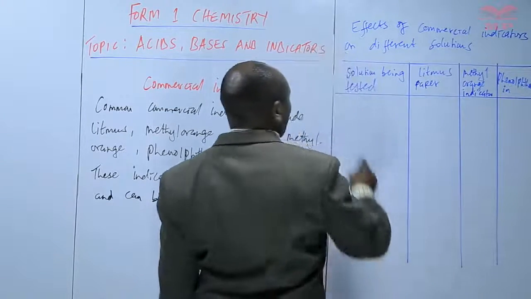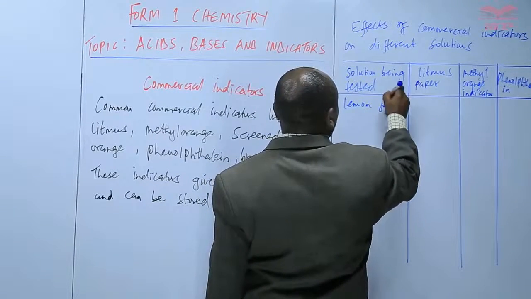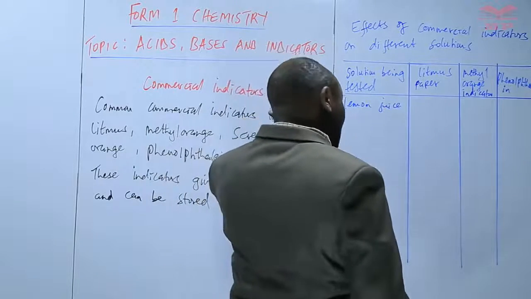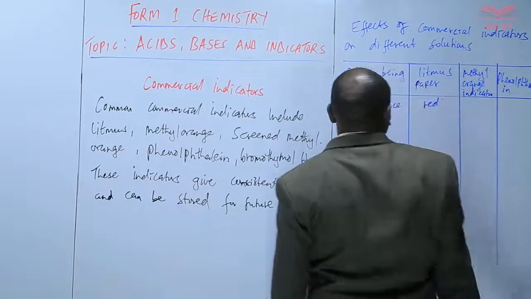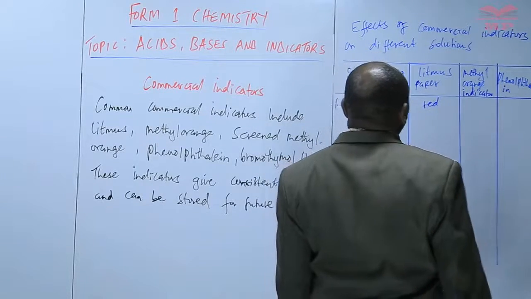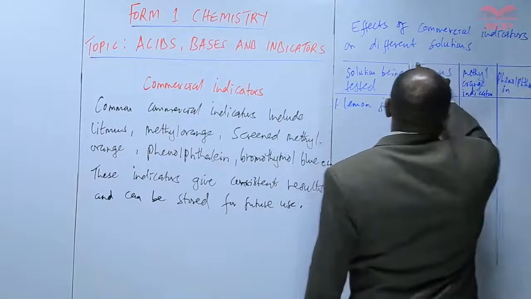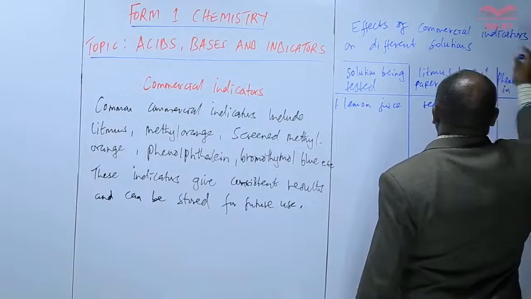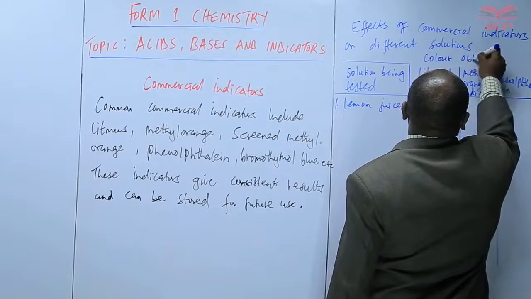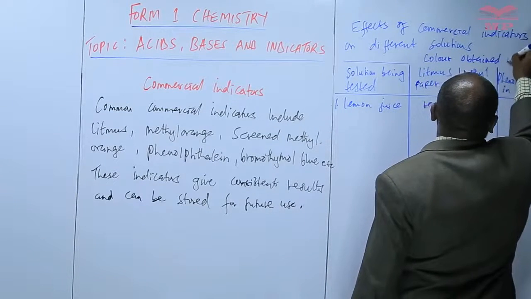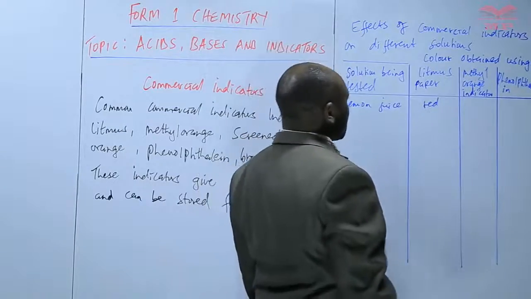So for example, we can take lemon juice. If you test it with litmus paper, the color turns red. So you can mention somewhere here that this is the color obtained using either of those indicators, using litmus paper.